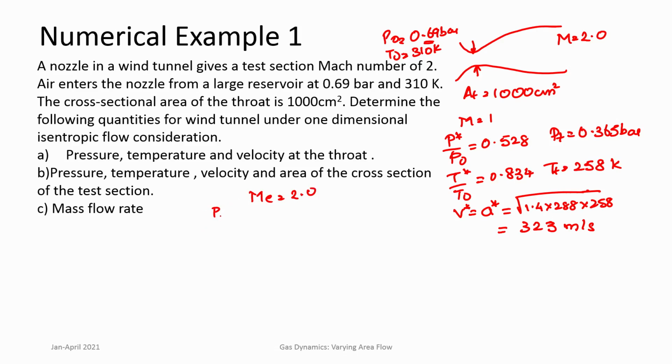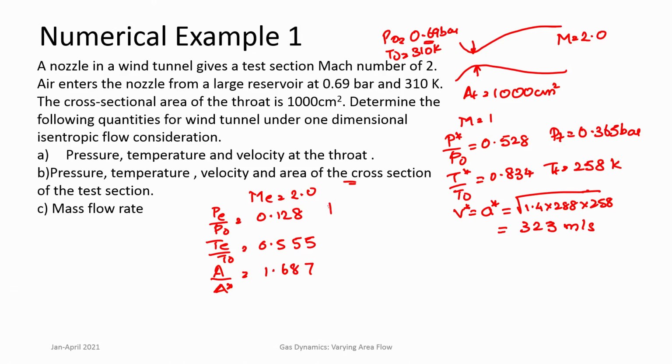So, PE by P naught is 0.128, TE by T naught is 0.555, and since we need to find area of cross section, we need to know A by A star. This is for Mach 2, it is 1.687.